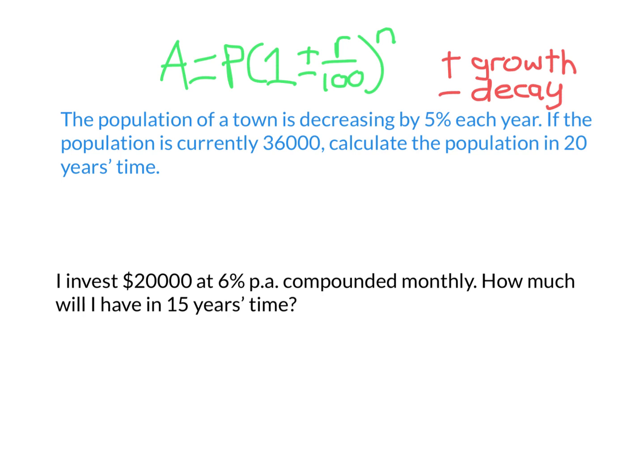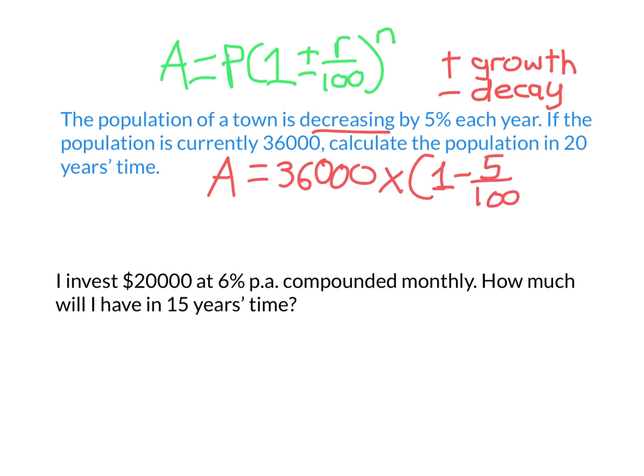We will just take A as the amount that we have. P is what you start with. So in this case, 36,000. So we're timesing it by 1 minus because it's decreasing. This is exponential decay. R is the percent over 100 and to the power of the number of decreases, in this case 20. And putting that in our calculator to the nearest whole number, we have about 12,905.